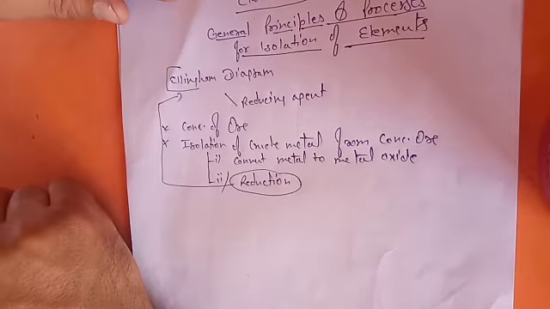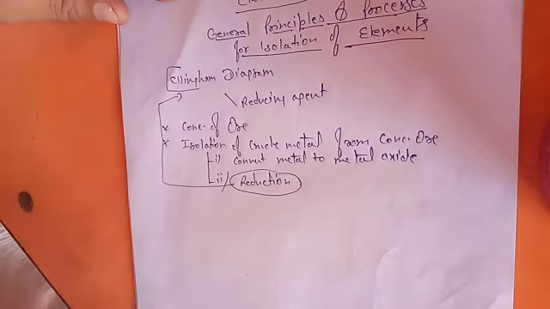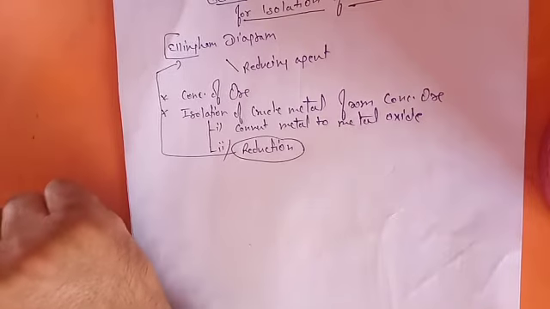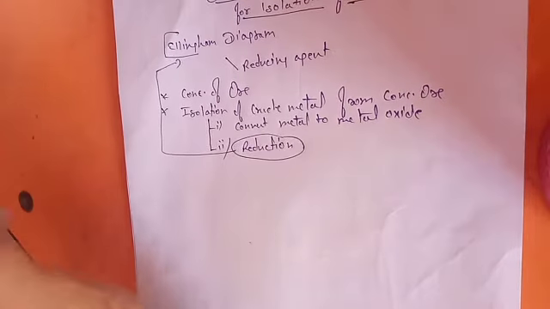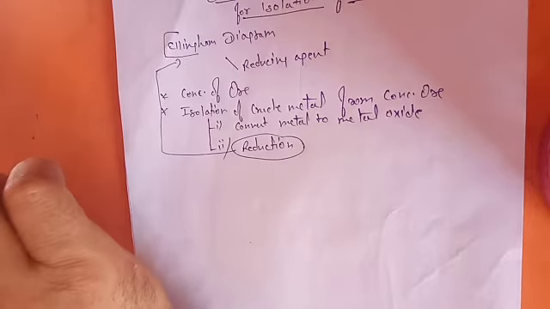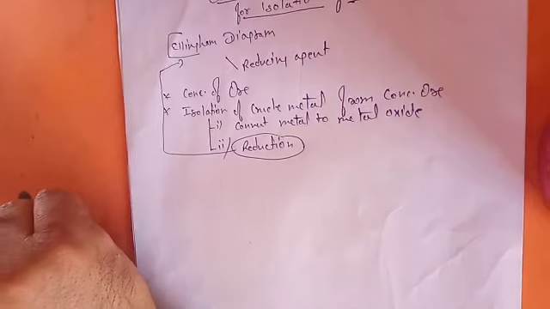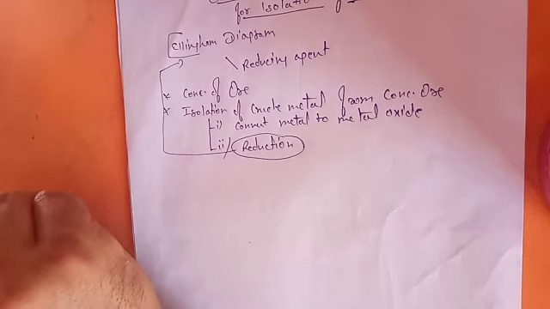We also discussed the different reducing agents we can use, which we can sort out by the Ellingham diagram, and its limitations.